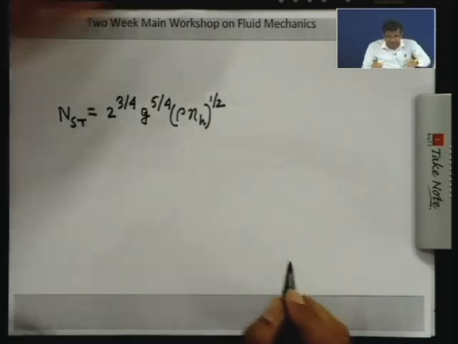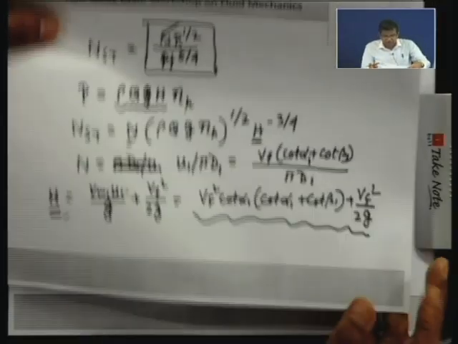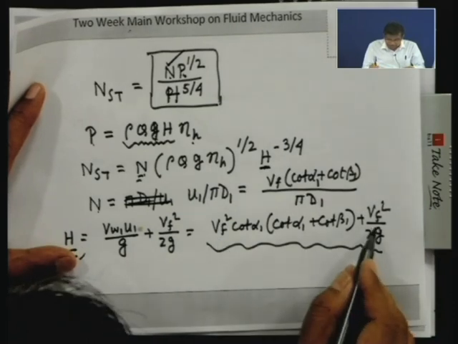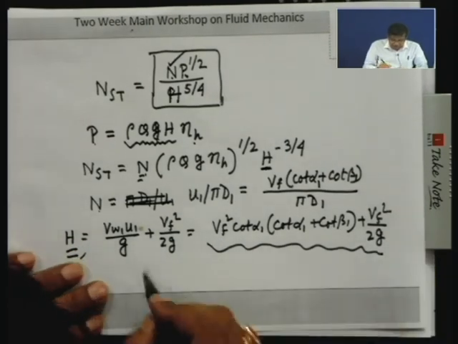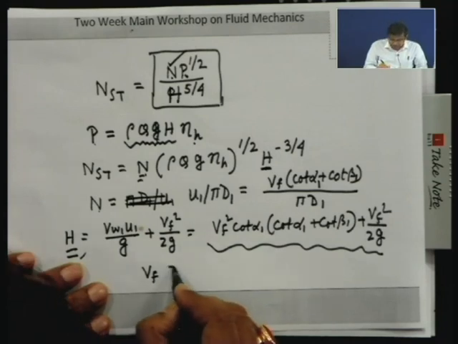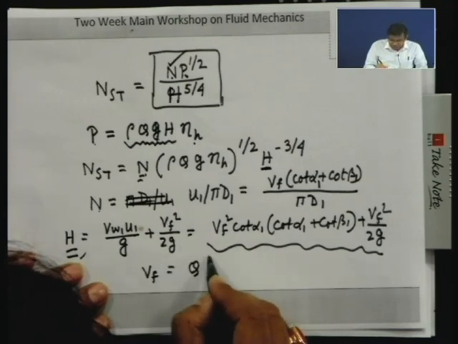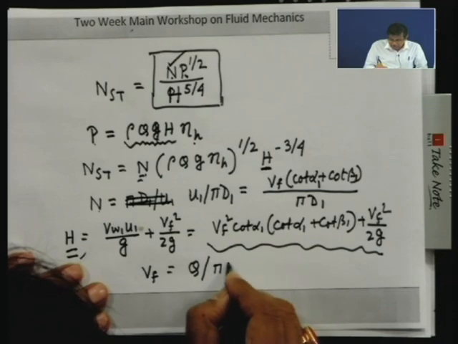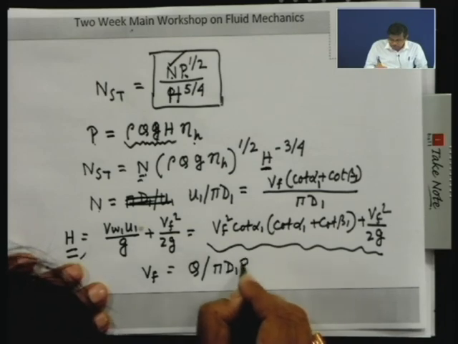Now here another thing I have forgotten to tell, that when we have made this Vf here, we have to express Vf, the flow velocity, in terms of the flow rate. If we express volume flow rate as Q, then flow velocity can be expressed in terms of the area. What is this area? Pi d1 into the width.